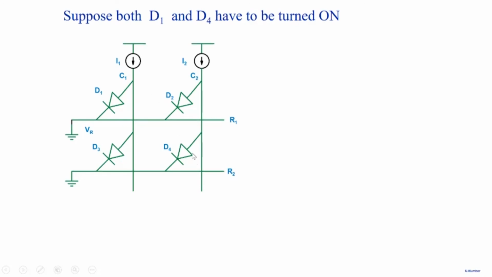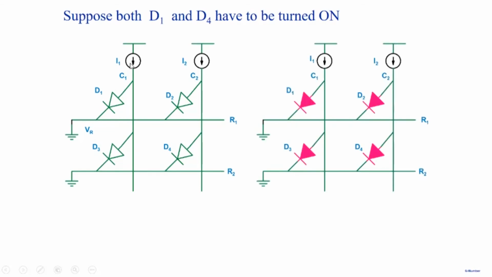If I want D4 to be on, I will have to pass a current through this column, and it has to flow here, so I'll have to make this also ground. But then what do you see? Well, this current that sees here will not only flow through D1, but it will flow through D3 also. So this current, which was intended only for D1, now gets shared between D1 and D3. So D3 also turns on.